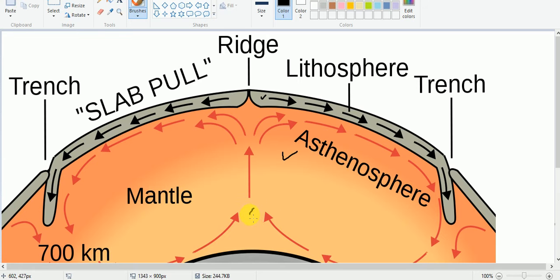Let us suppose some radioactive elements, uranium and thorium, are present. When these radioactive elements decay, a great amount of heat is released, and because of that the rocks are melted, and the melted rocks are forced to rise upwards. Just see the arrow.